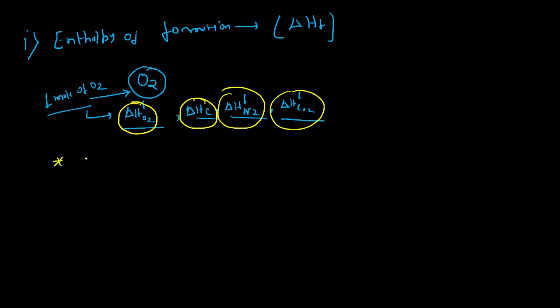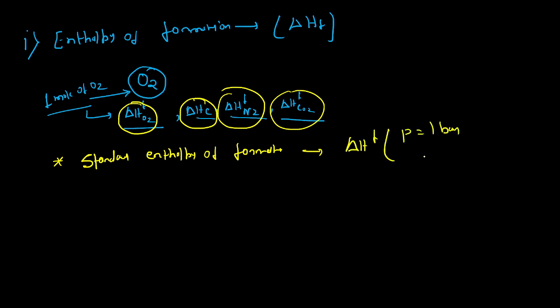Next comes the standard enthalpy of formation. Enthalpy of formation at pressure equal to 1 bar and temperature equal to 25 degrees centigrade is called the enthalpy of formation at standard condition.